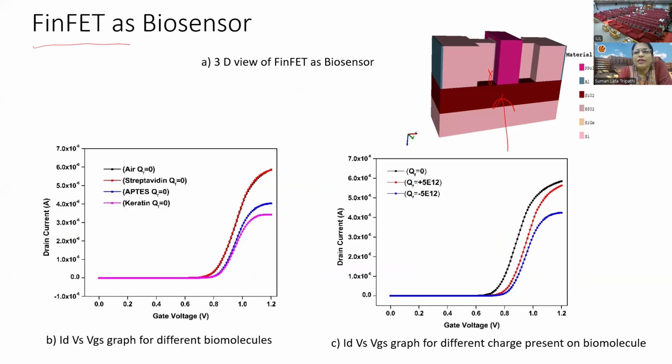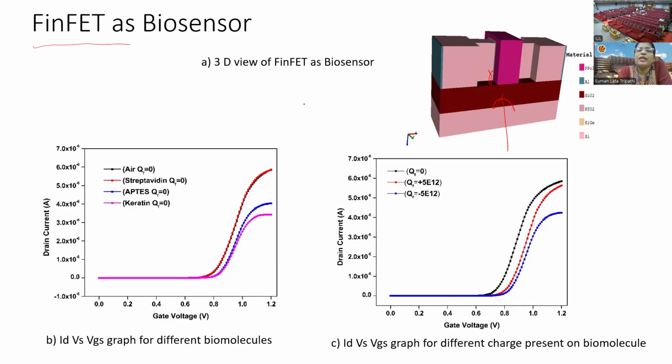What is the need of creating a nanogap cavity? The need of the cavity is to see the response of a biomolecule. This is the normal architecture of MOSFET. If you want to measure some potential of biomolecules, you can create a cavity region. If any biomolecule replaces the air gap region, it will change the dielectric properties of that region, and by changing the dielectric properties, the current will change.